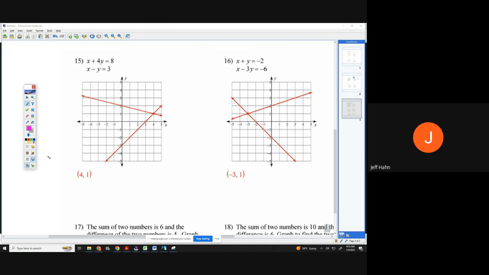Anyways, Jax, look at number 16. Cover up the y, what's x, Jax? 2. No, that's not a 2, it's a negative 2. So here at negative 2, you put a dot. Cover up the x, y is? 2. No, there's a negative with the 2, negative 2. So there's that and that. There's this line. Bottom one.